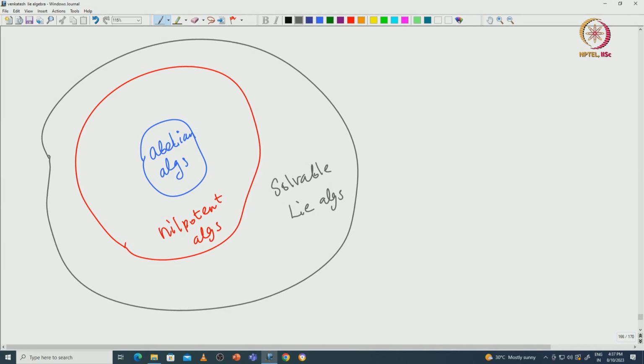Okay. So, on the other side we have what are called semi-simple algebras. So, that is just one separate class.